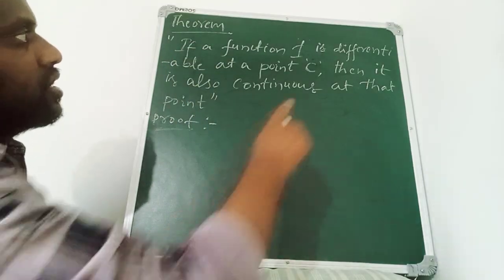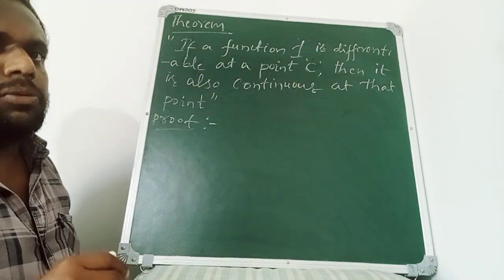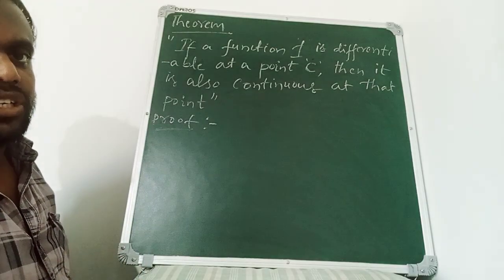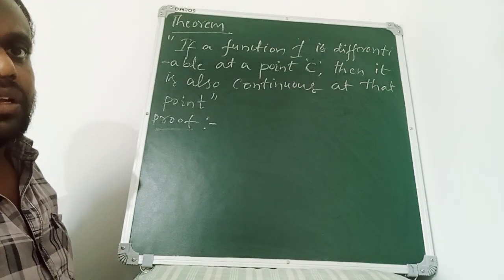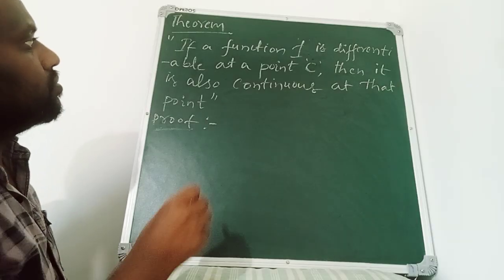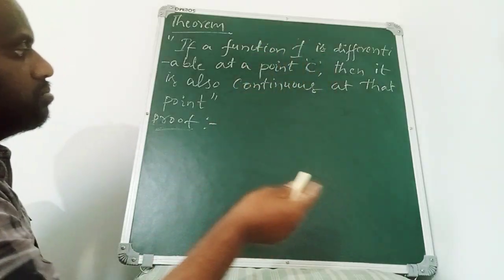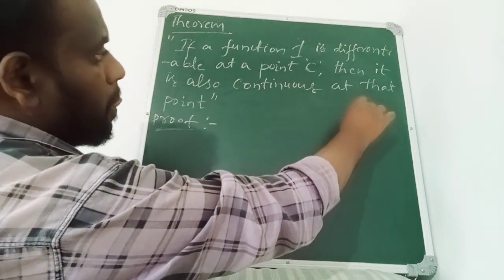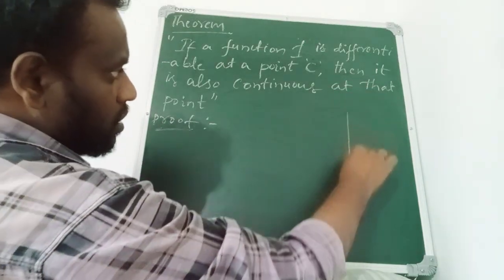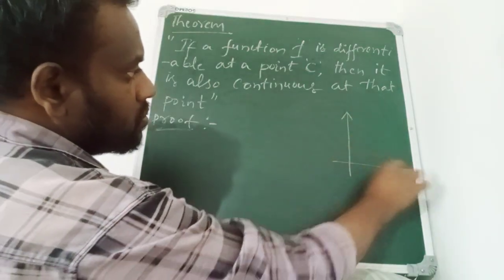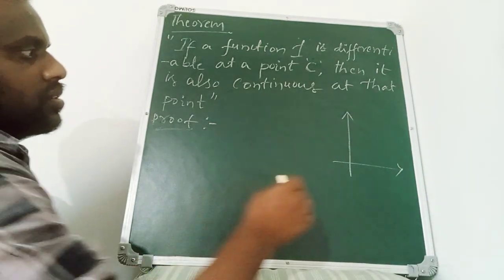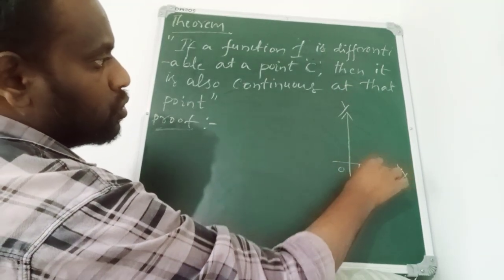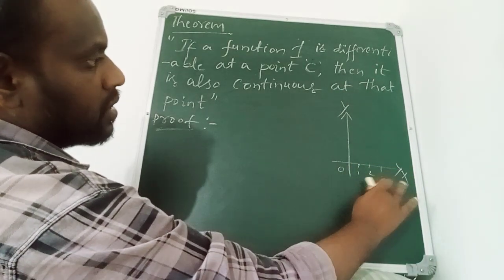That function is differentiable. Differentiable means we can differentiate that function, we can find the derivative. That's the meaning. At a point c, at a point, first I will draw a graph. So this is the x-axis, this is the y-axis, 0, 1, 2, 3, like that.